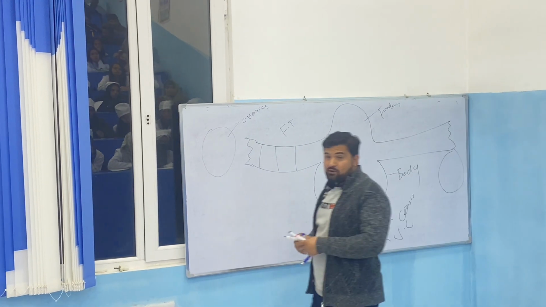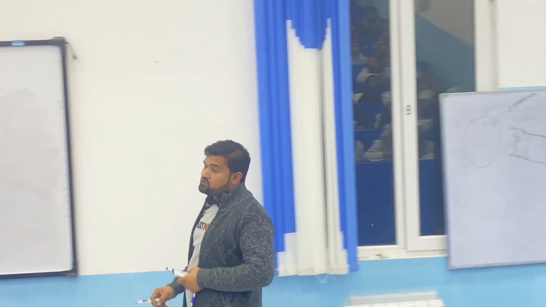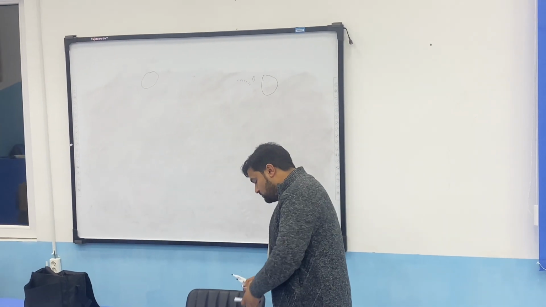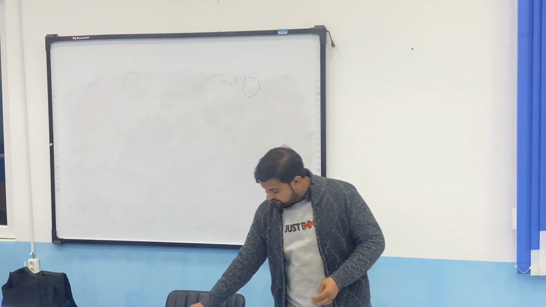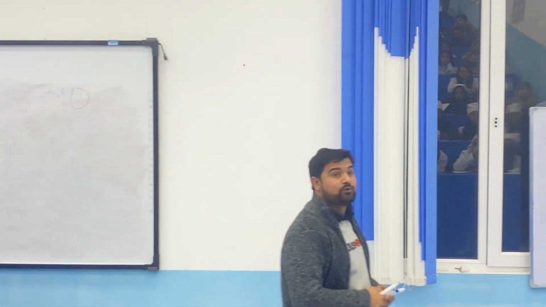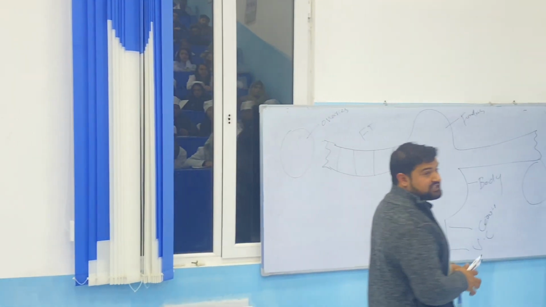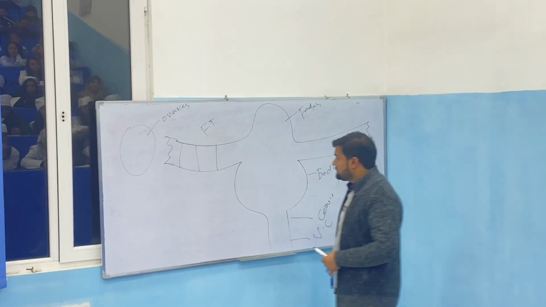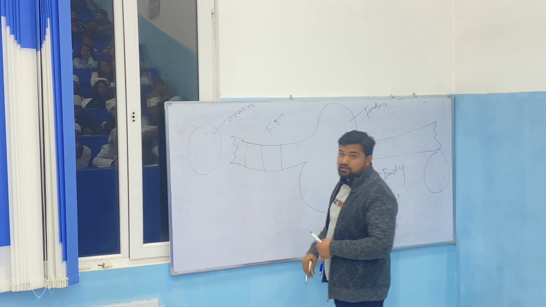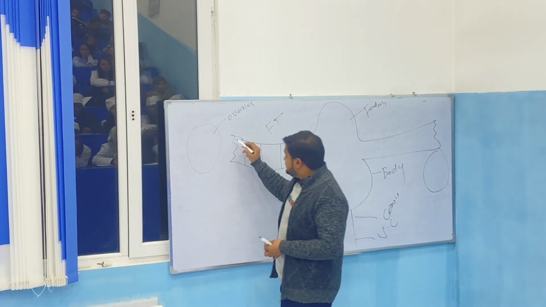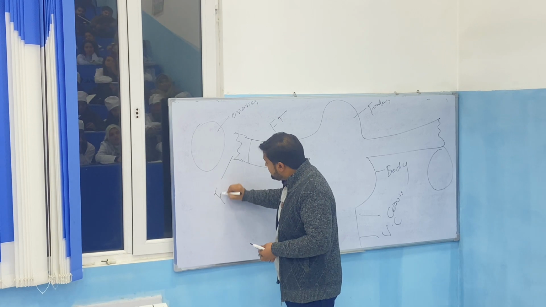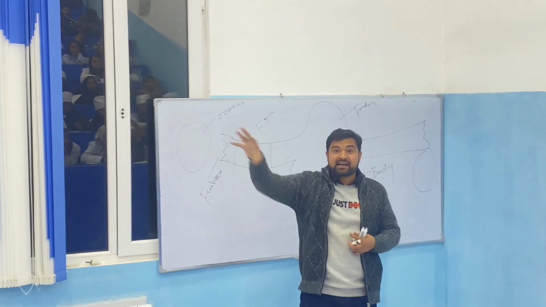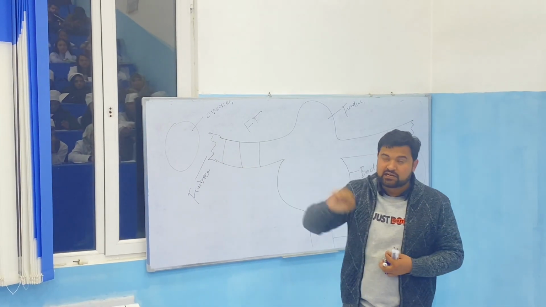Now every monthly cycle, one ovum is released from each ovary. That is known as ovulation, the release of the ovum from the ovary. This is the fallopian tube. This is the fimbriae part; fimbriae are finger-like projections.